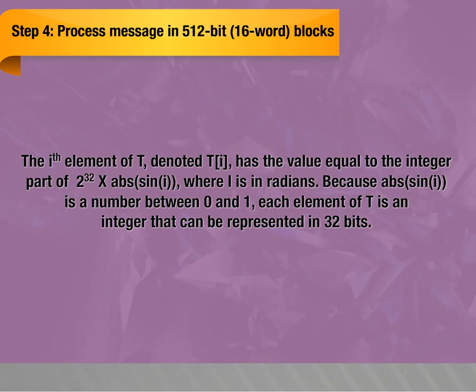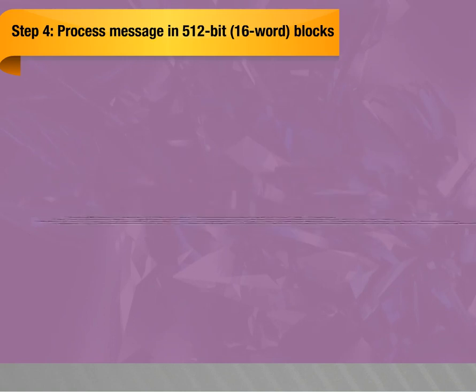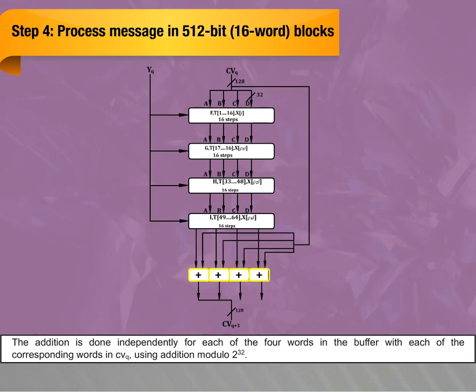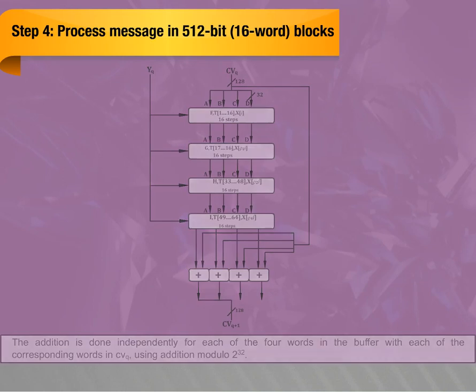Because abs(sin(i)) is a number between 0 and 1, each element of T is an integer that can be represented in 32 bits. The table lists the values of T. The output of the 4th round is added to the input to the first round, CVq, to produce CVq+1. The addition is done independently for each of the 4 words in the buffer, with each of the corresponding words in CVq using addition modulo 2^32.